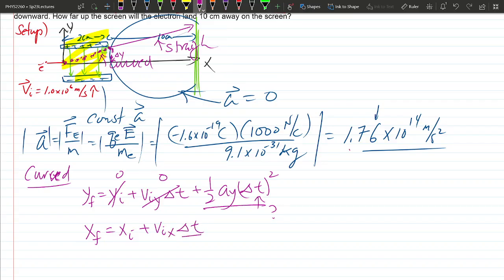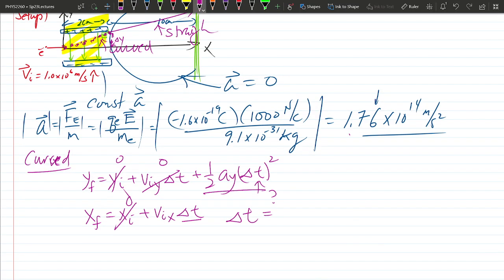We can solve this for delta t, and because x initial is also 0, since we started off at 0, 0, delta t is going to be xf over v not initial. And xf was 2 centimeters, so 0.02. I'm going to skip the units because we're using all SI units, and then divide it by 1 million meters per second.